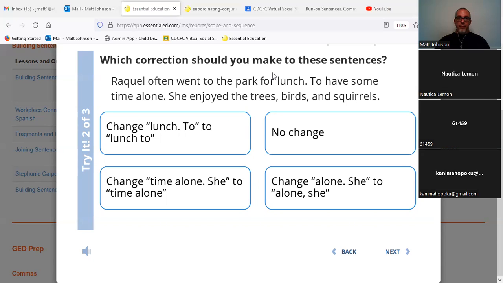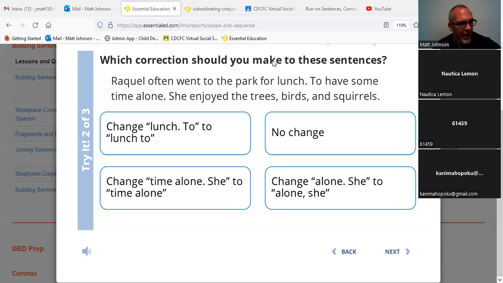Sometimes enjoy the trees also. I think it's B, no change? Yeah, so it's A. Sometimes the way these look, it's kind of confusing, right? What they're asking you to do.